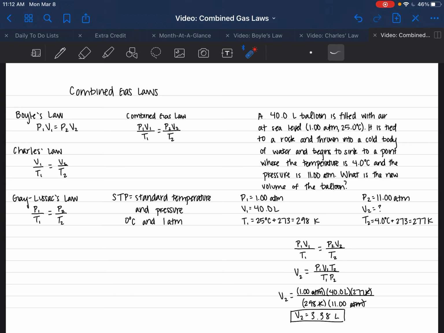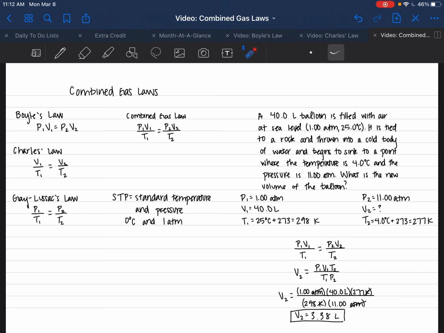So let's go ahead and look at a problem using our combined gas law. We said that a 40-liter balloon was filled with air at sea level, and it even gave us that sea level was 1 atmosphere and 25 degrees Celsius. It's then tied to a rock, and we throw that balloon into a cold body of water so that it begins to sink.